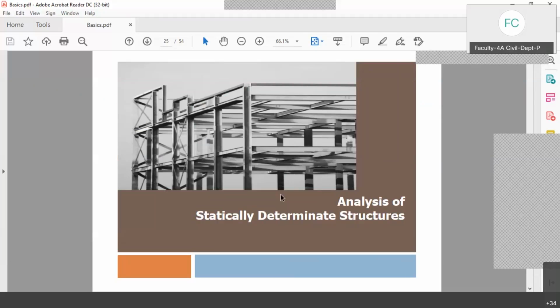And analysis of statically determinate structures: what is meant by determinate structure, what is meant by indeterminate structures, and what is the difference between those two, why we call it statically. As we know, we have seen what is meant by static and what is meant by dynamic. So statically indeterminate, statically determinate.